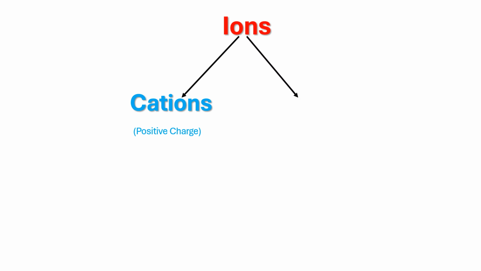On the other side, we have the anions, which we're going to look at today. Normally, they have a negative charge. Why? Because they tend to gain, to accept electrons. And nonmetals are the ones that normally form anions.